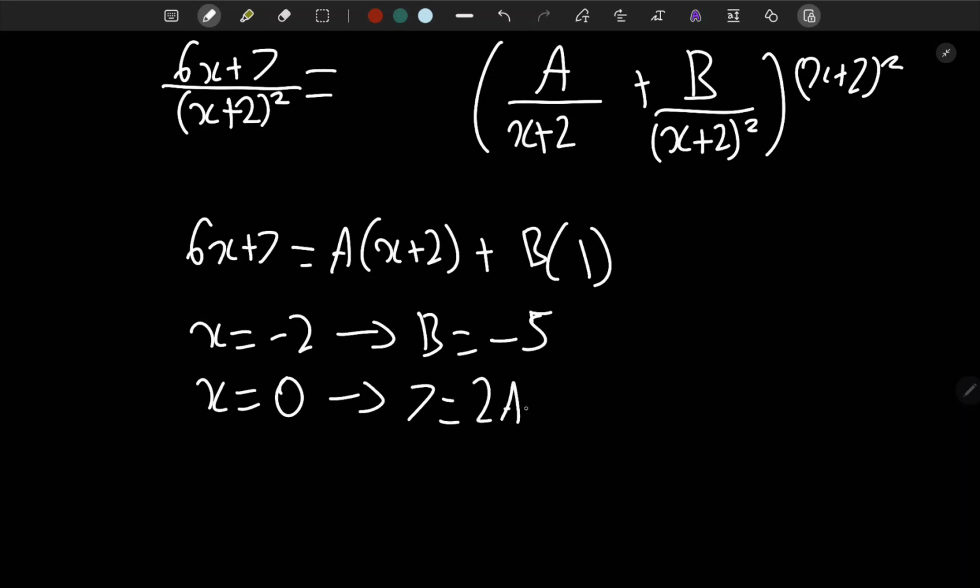So it's going to be 2a plus b, and here a is going to be 6, and there we go.